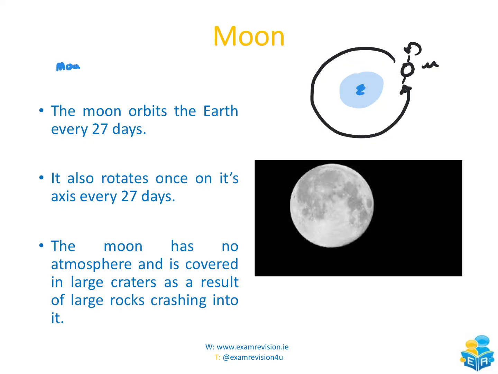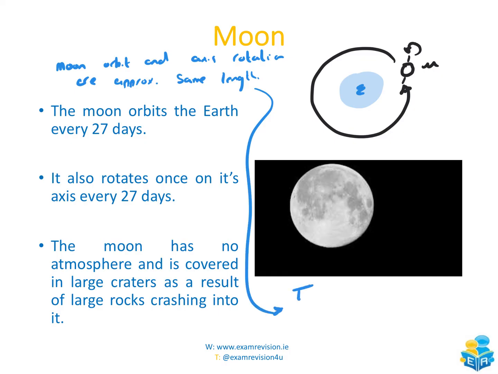The moon's orbit and axis rotation are approximately the same length. Okay, and it's because of this, I'll write this down here, okay, so it's because of that we only ever see one side of the moon.